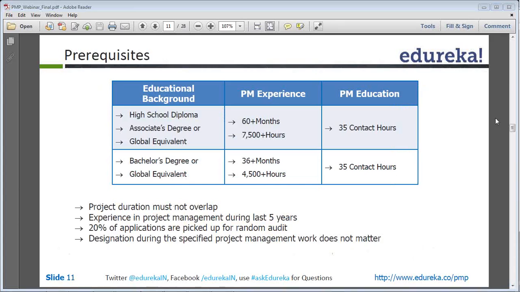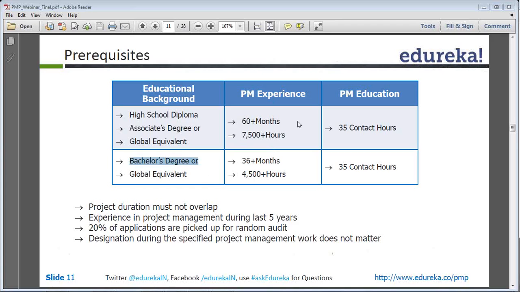So what are the prerequisites? Now, the first is a high school diploma, associate degree, or global equivalent. This is for people who are not graduates, but in our Indian context, we find most of the people are graduates, so we will look into the second one.